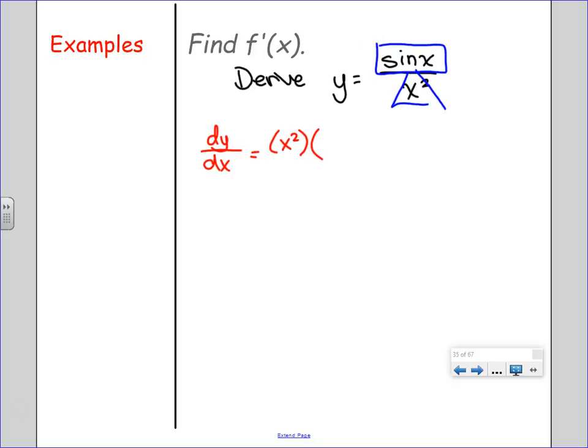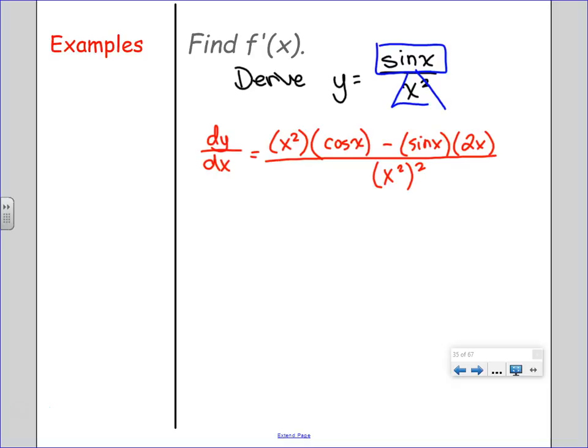What's the derivative of the top? Cosine x. Minus top, keep it, d bottom. The derivative of the bottom is 2x, all over bottom squared. Don't lose any pieces.